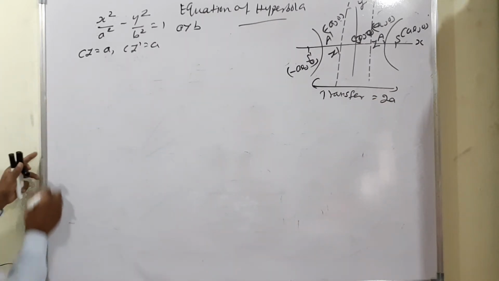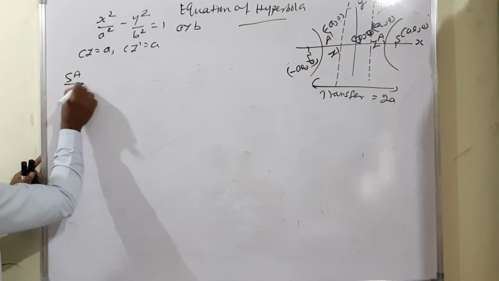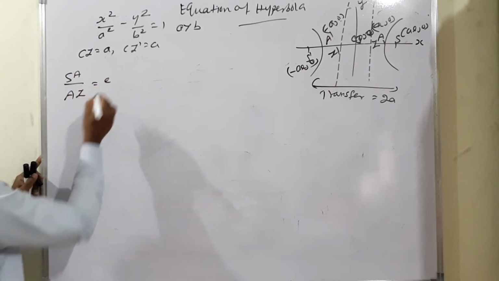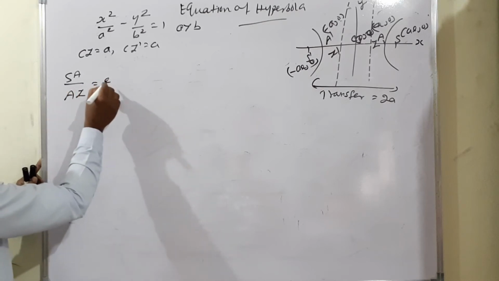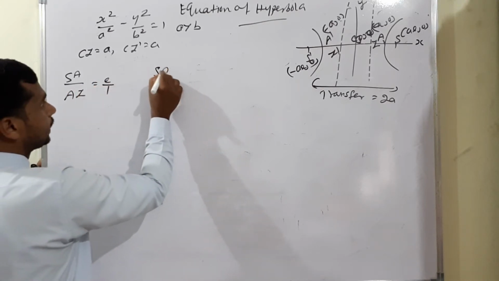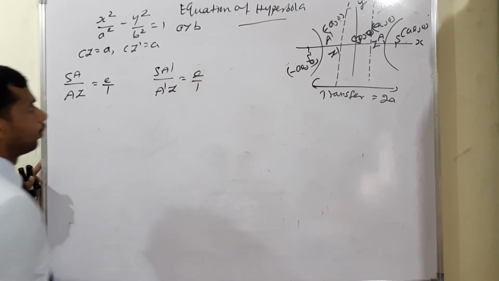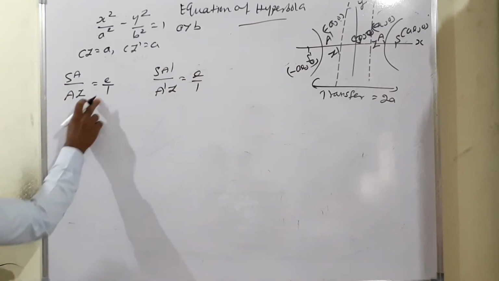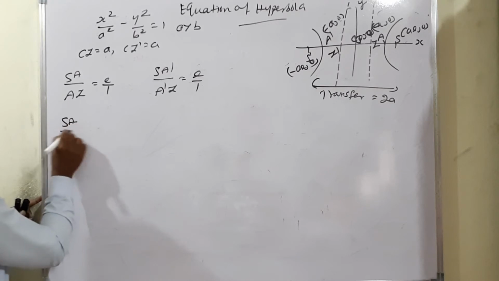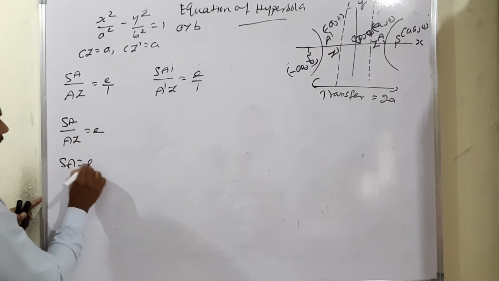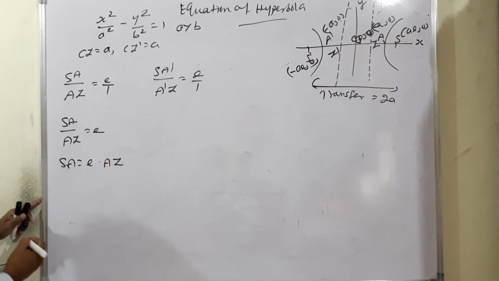The main condition: SA divided by AZ is equal to E by 1, as well as SA dash divided by A dash Z is equal to E by 1. Using the first condition, SA divided by AZ equals E, so SA is equal to E into AZ.